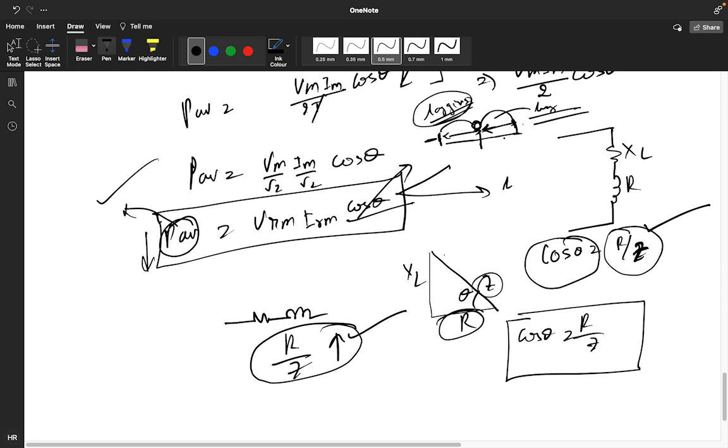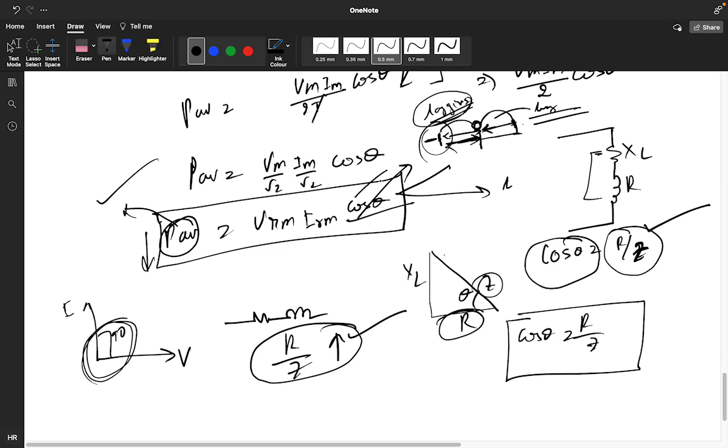It depends, because we are solving for an inductor, and in an inductor we know that the current lags by 90 degrees. So for the inductor case the power factor will be lagging, and the value will be between -1 and 0.